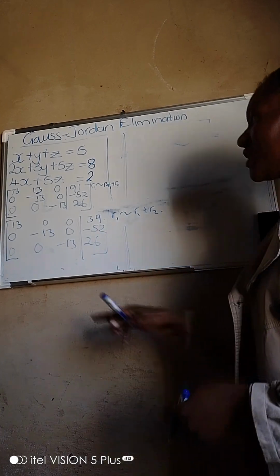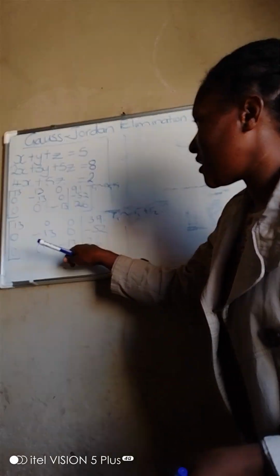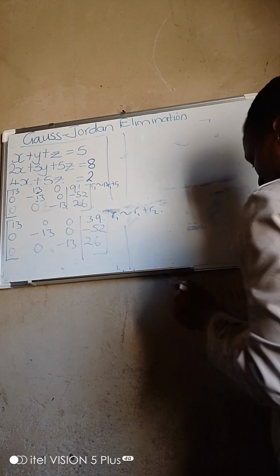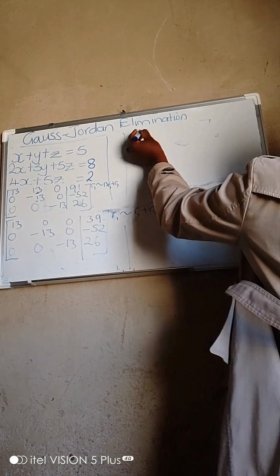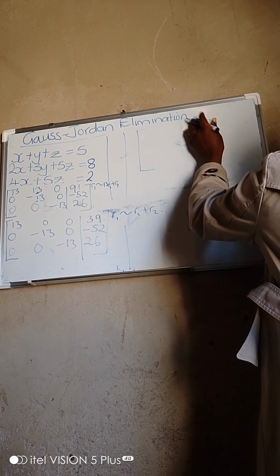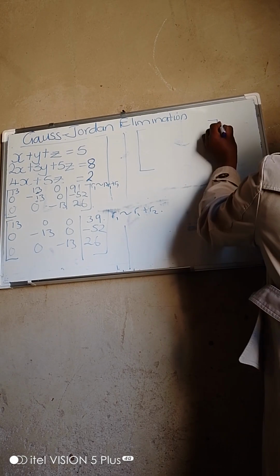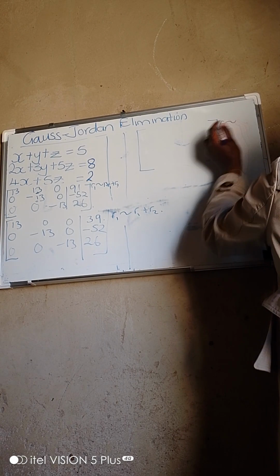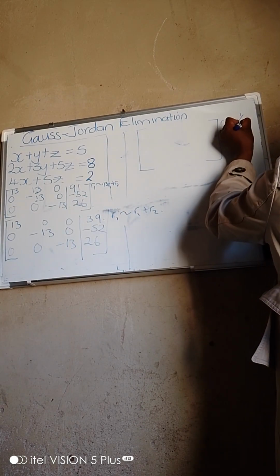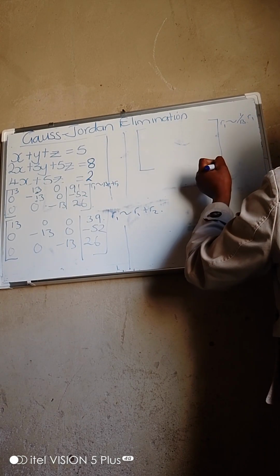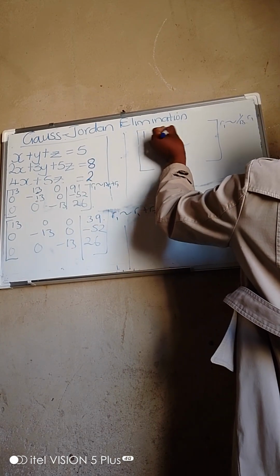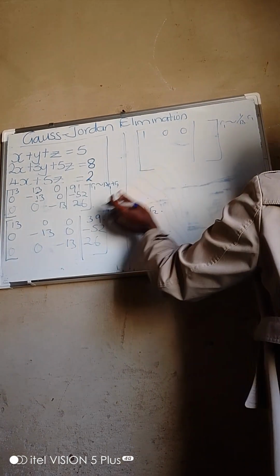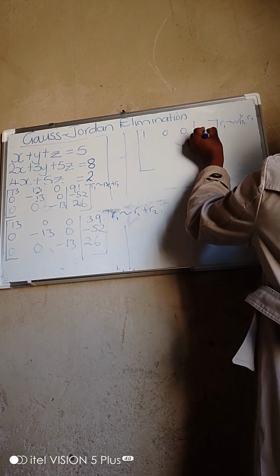Then remember these should be ones. So to reduce those to ones, row 1 follows 1 over 13 times row 1. So 1 over 13 times 13 is 1, times 0, times 0. 1 over 13 times 39, 3.